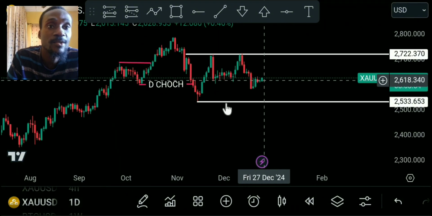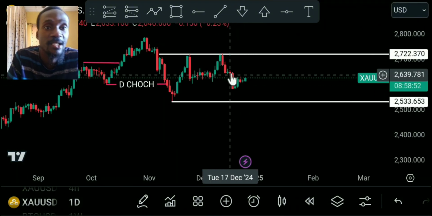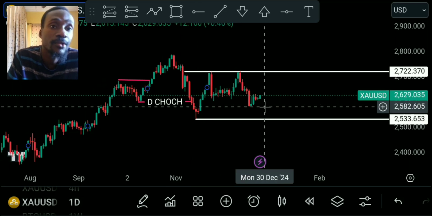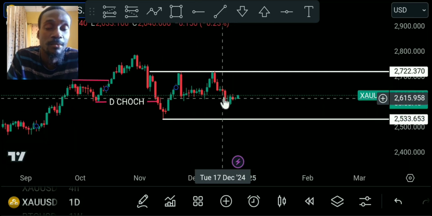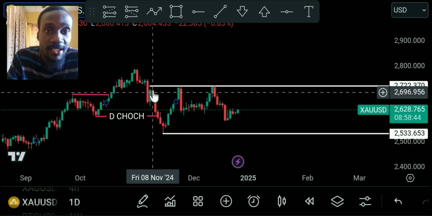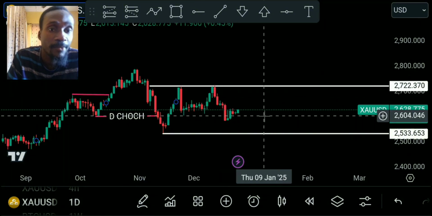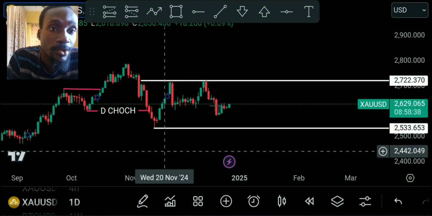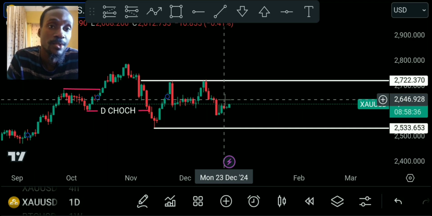So what is that telling you? It's telling you that we are currently in a short-term selling position, and you should be looking for selling opportunities, because the market is respecting this level 3 times. 1, 2, 3. So currently you should be looking for opportunities to sell.